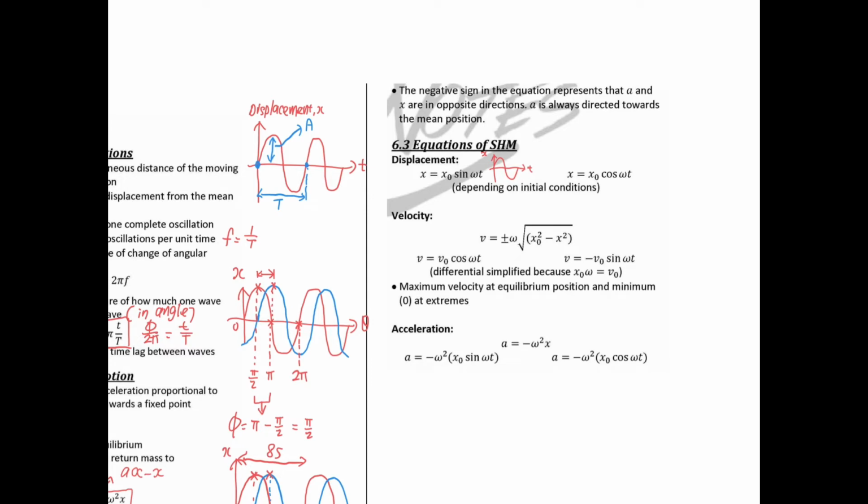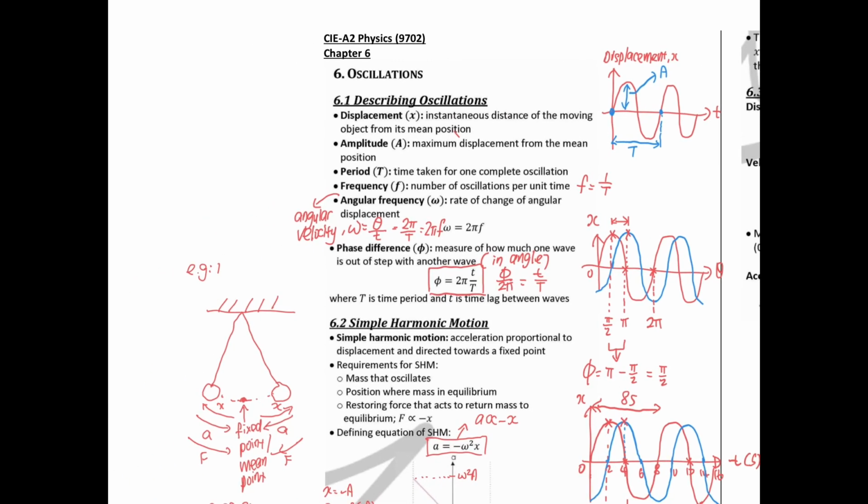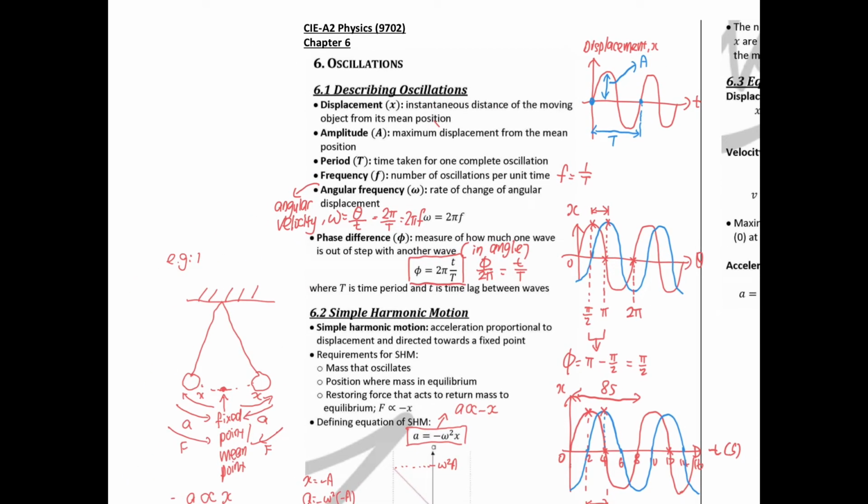As you can see from the graph, they start from origin. So if I use the pendulum bob as my example, that means if our graph is a sine graph, the oscillation starts from the fixed point or the mean point. Then you push it here, then it will start to oscillate. Okay, that starts from the fixed point.